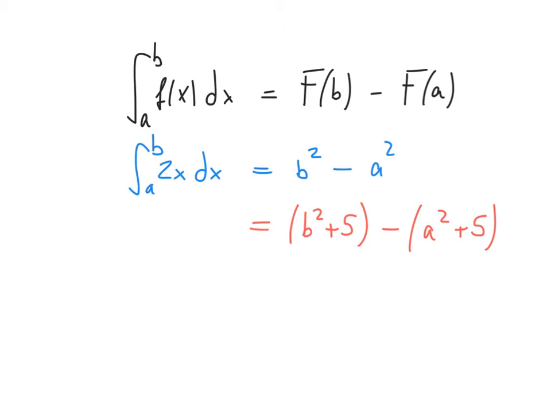And now you see what is happening, because here we have plus 5, here we have minus 5. So these 5's cancel out by taking this difference, and we are left with b squared minus a squared, which is the same as using the antiderivative x squared. So for this application, it does not matter which antiderivative you use. Any antiderivative is fine.